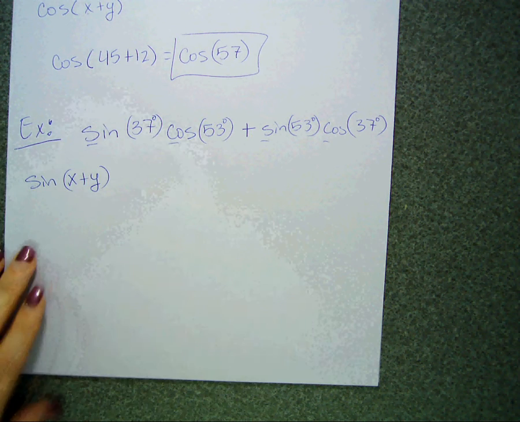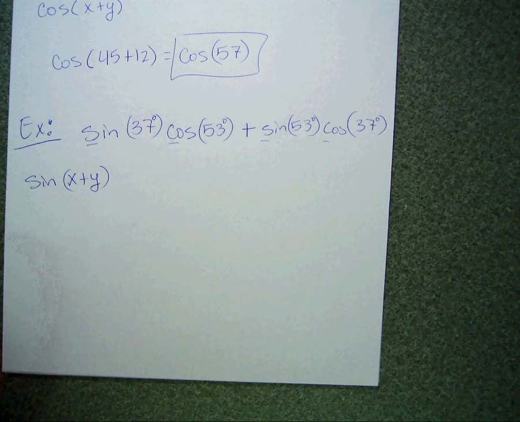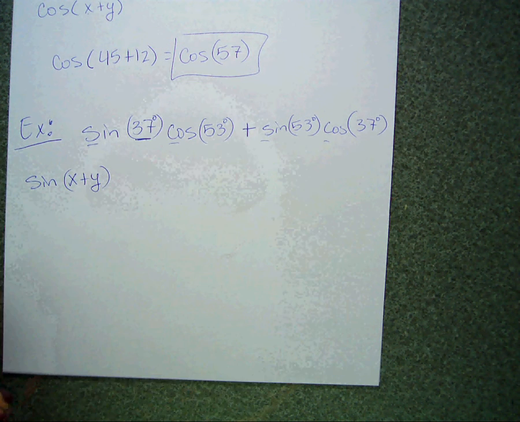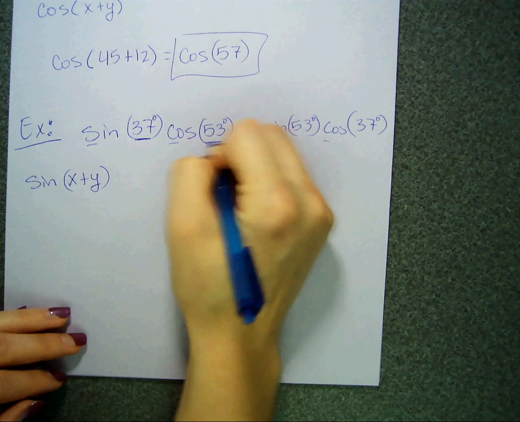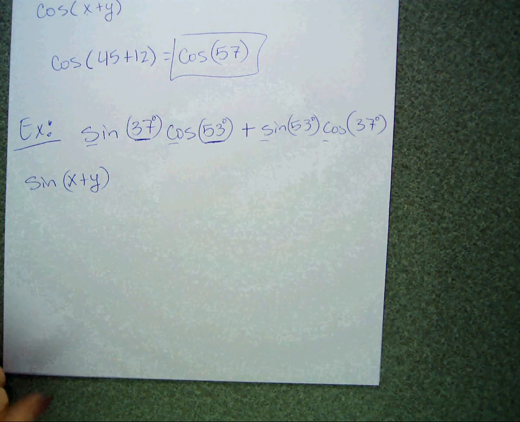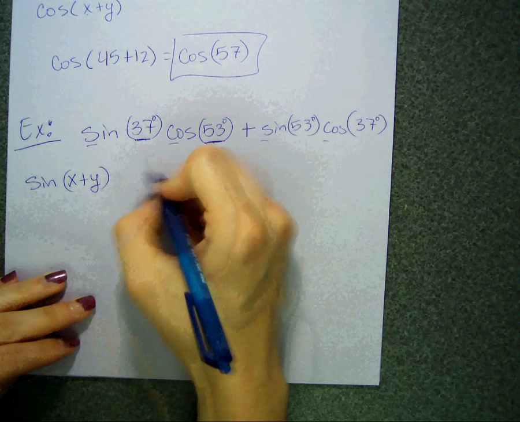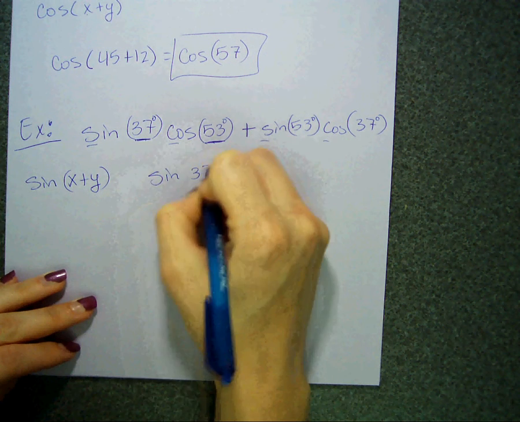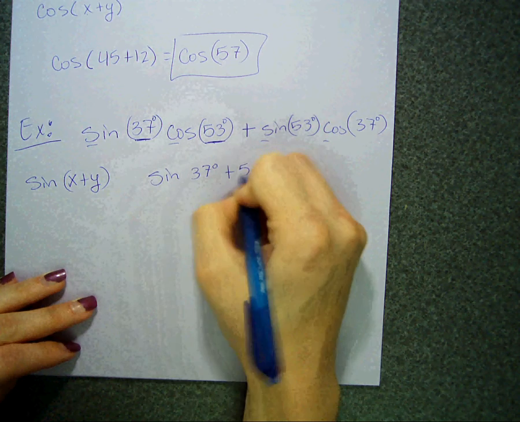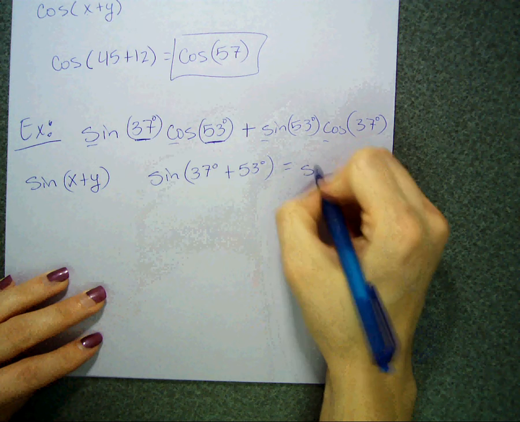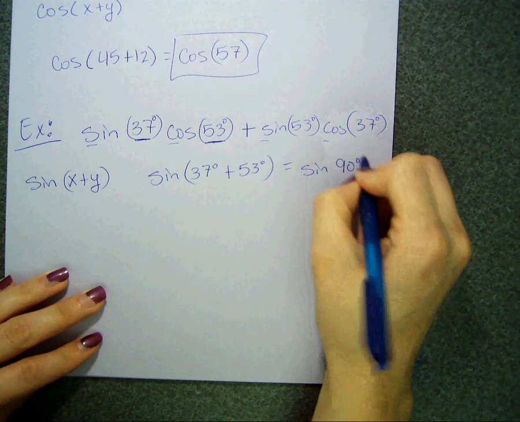So the identity I'm working with is sine of x plus y. My x in this case is 37, and my y in this case is 53. So this expression simplifies to sine of 37 degrees plus 53 degrees, which is equal to sine of 90 degrees.